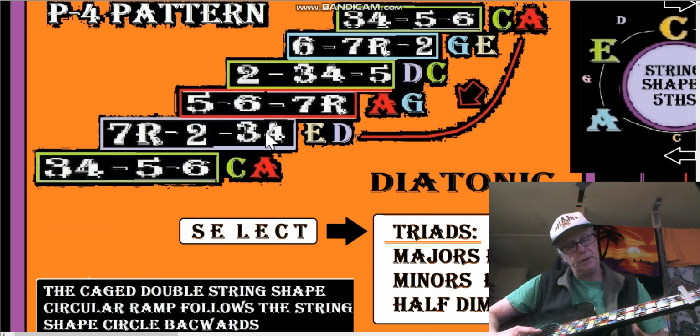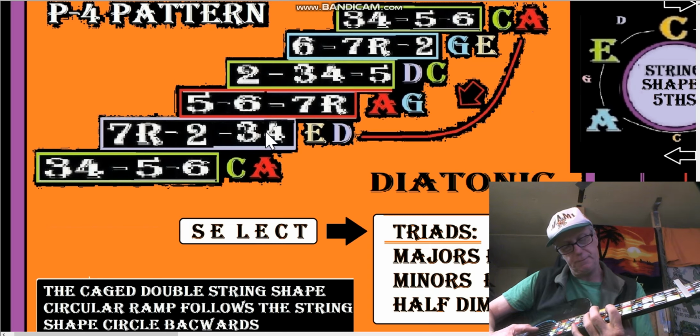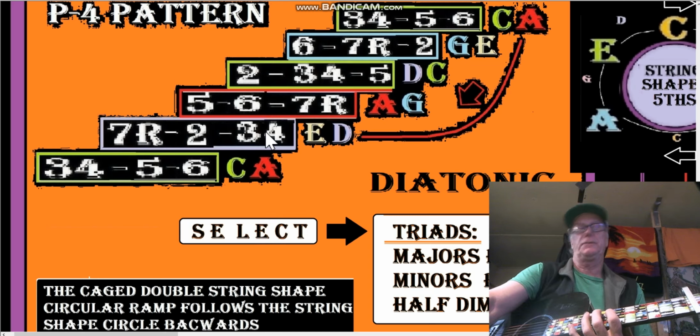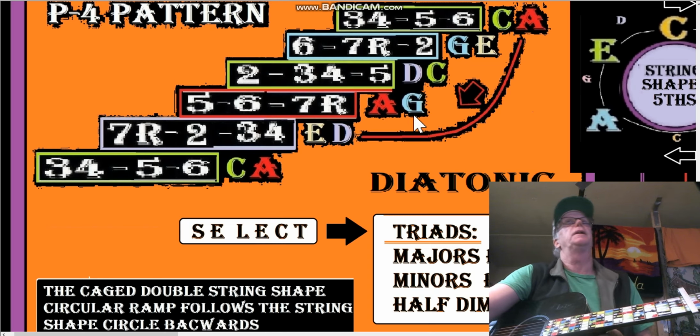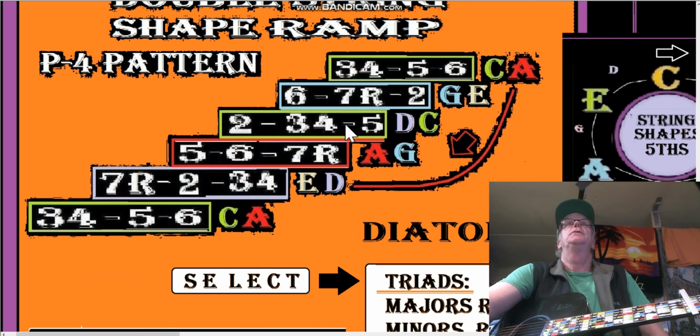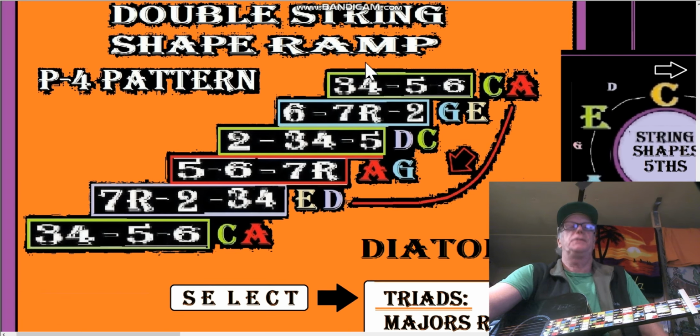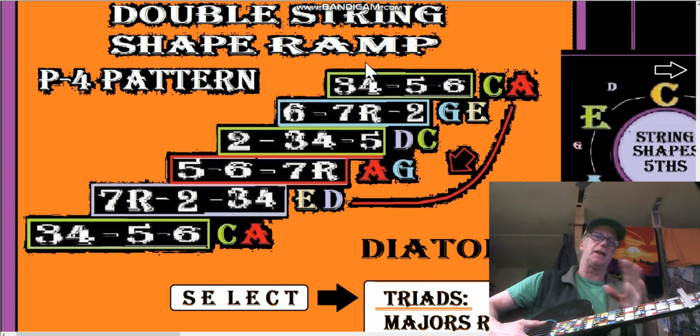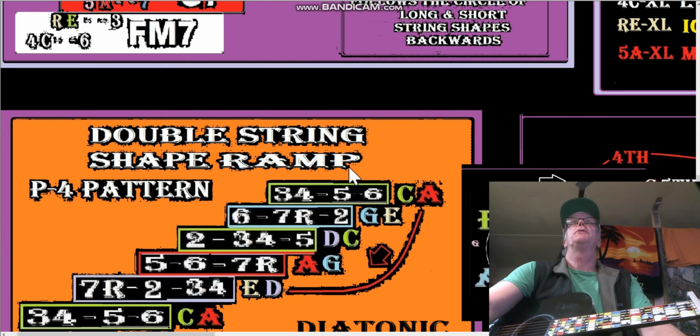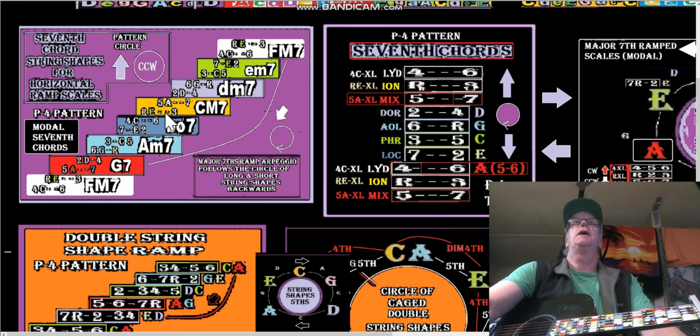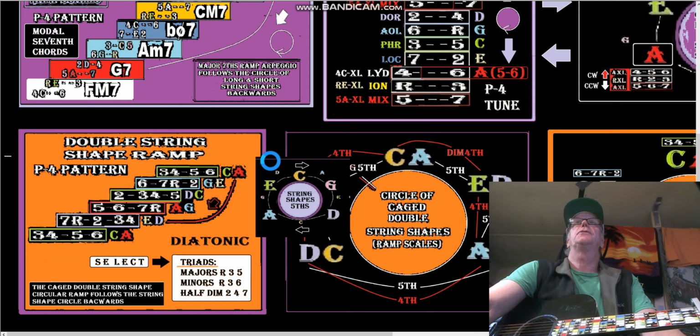If we wanted to start on that E and get that other one, let's not do sevenths right now. We're doing the ramp here. Obviously I got in trouble because I'm supposed to be explaining the double ramp, not working on the major sevenths.